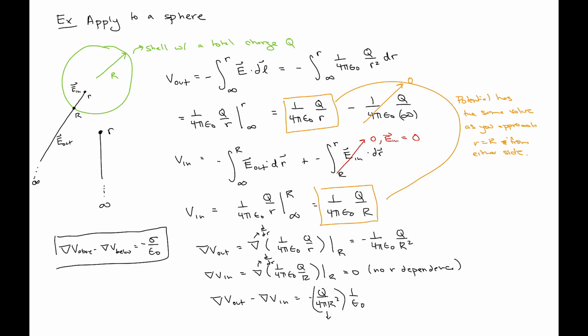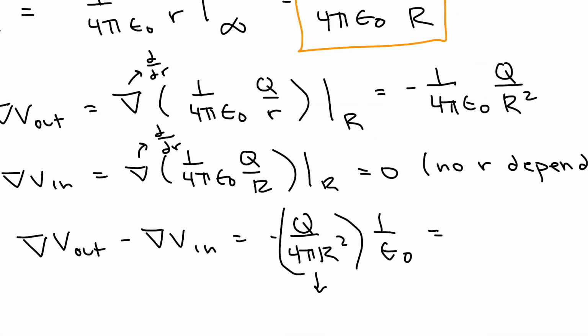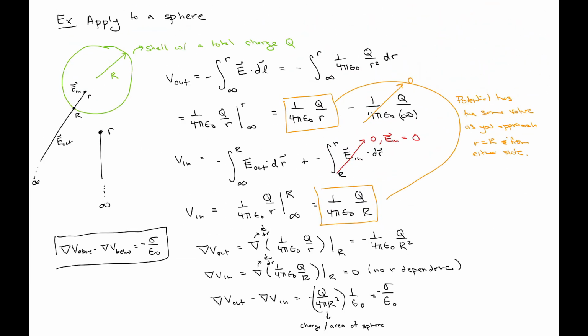Hopefully you guys can see that this is equal to the charge divided by the area of a sphere. So this indeed looks like the negative of the surface charge divided by epsilon naught. I'm going to end it there. Sorry, I made a few typos in that one.